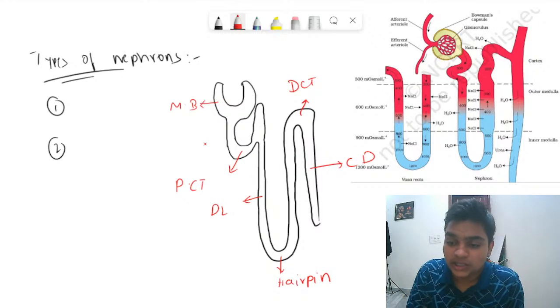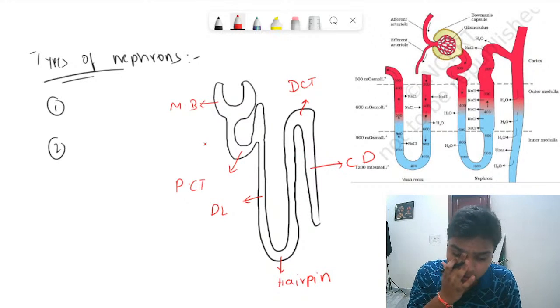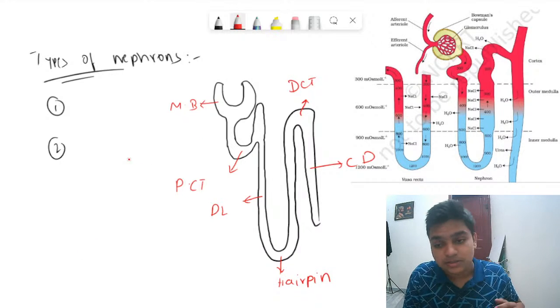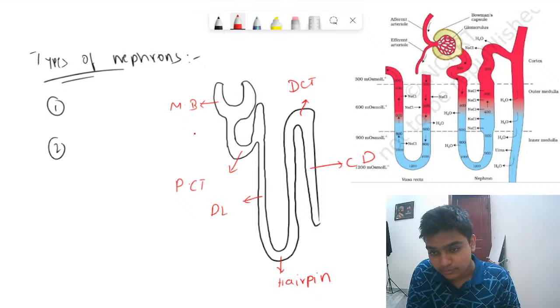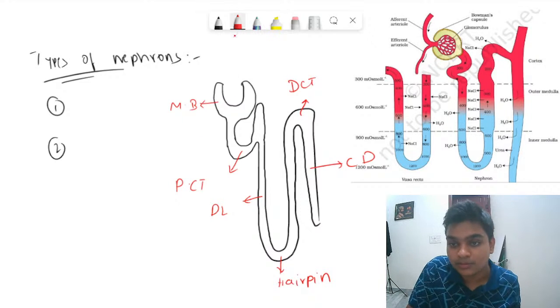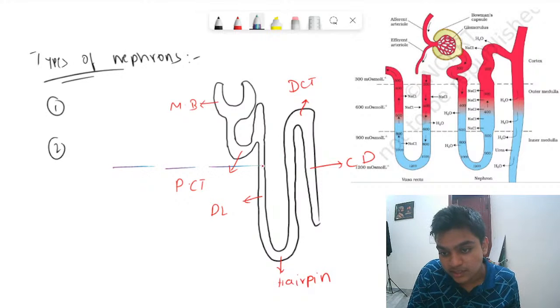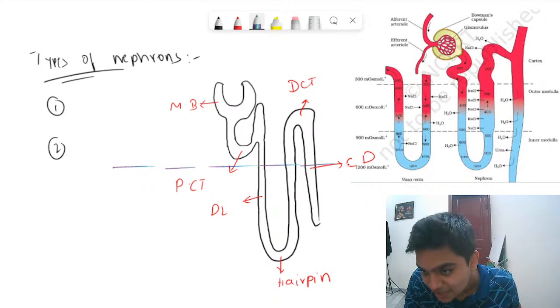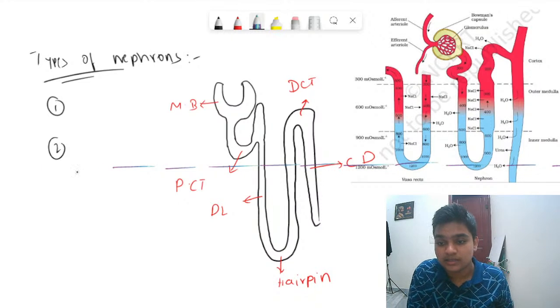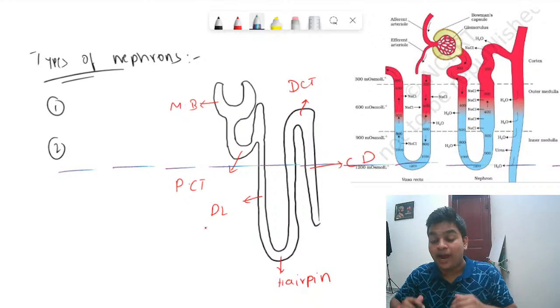Now the thing is, there are two types of nephrons basically. Here, in the nephron, the dotted line which I have drawn is a partition.